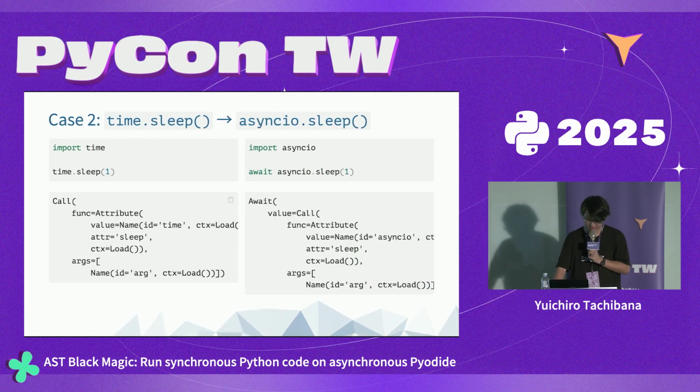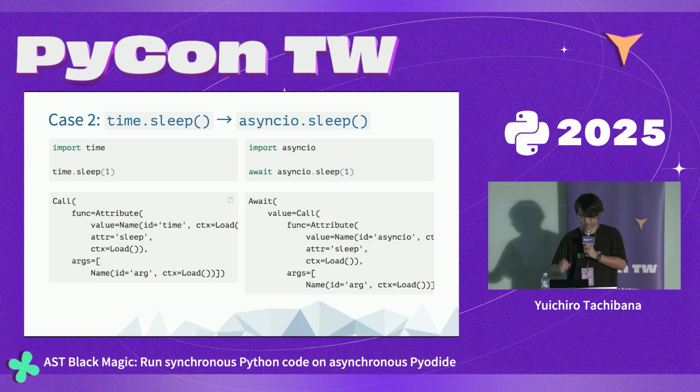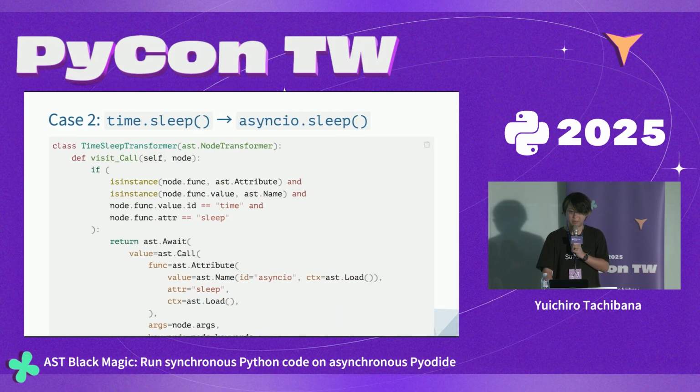Next example is time.sleep should be replaced with asyncio.sleep. It's also simple, right? If it reaches a time.sleep node, it should be replaced with an asyncio.sleep node with a top level await node. This is also simply done by defining our own custom AST transformer class, extending ast.NodeTransformer like this.